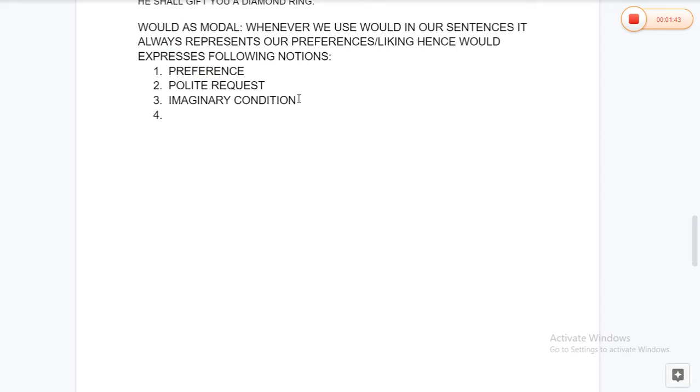Fourth one is it is used in place of used to. Preference, polite request, imaginary condition. It is used in place of used to, and one more use is it is the past form of will.